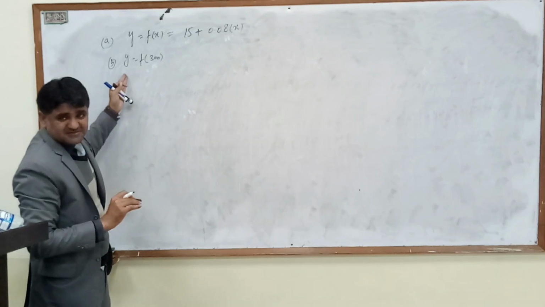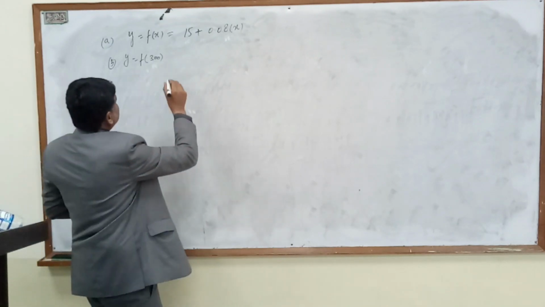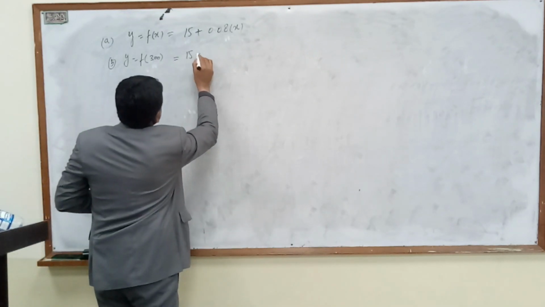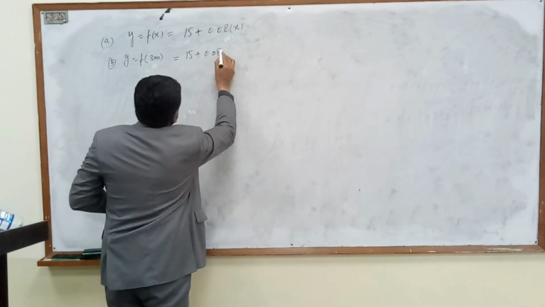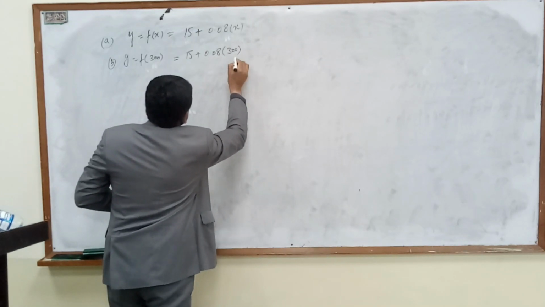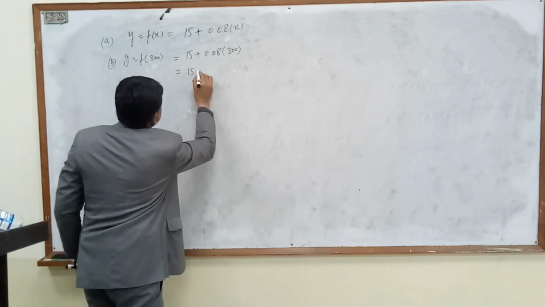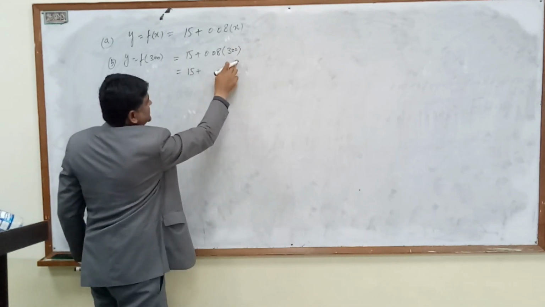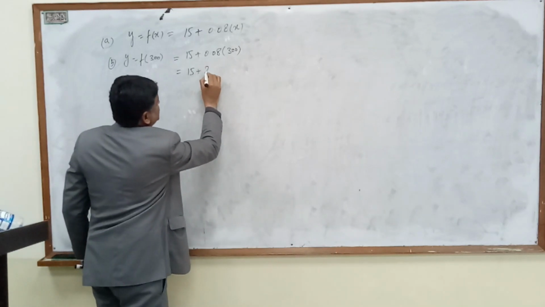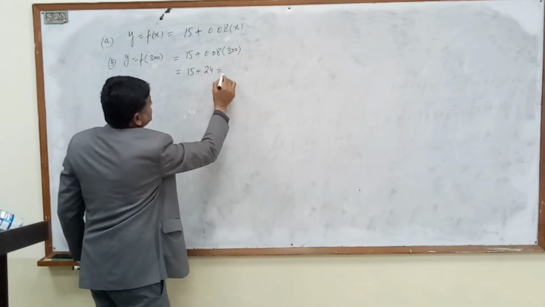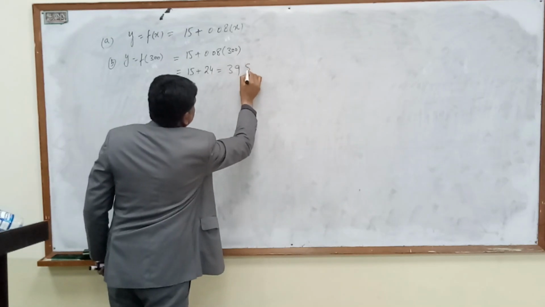What will be the cost? We can simply place the value of x: 15 plus 0.08 into 300. Can you calculate? 15 plus 0.08 multiplied by 300? 24. What sum? 39. $39.